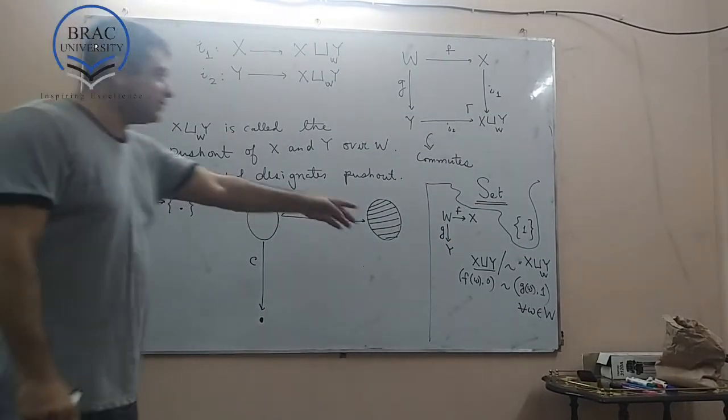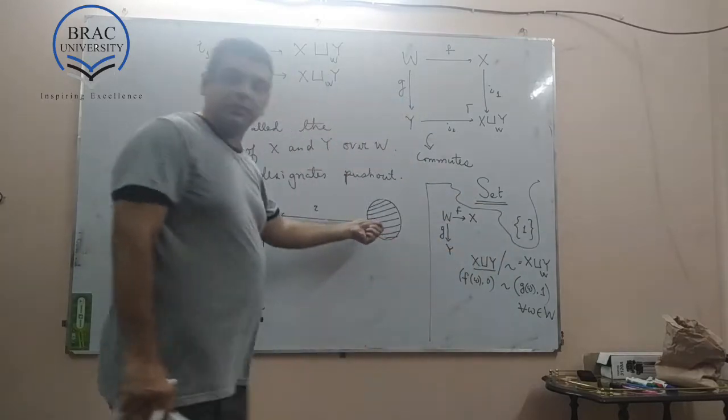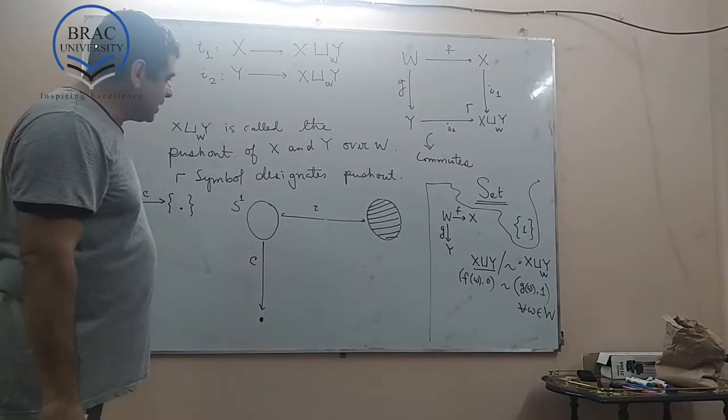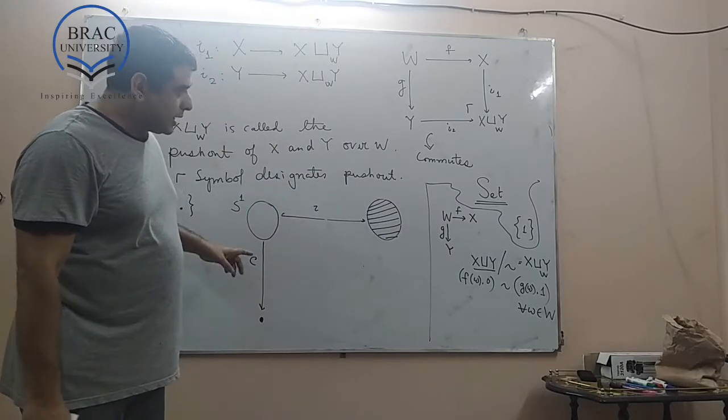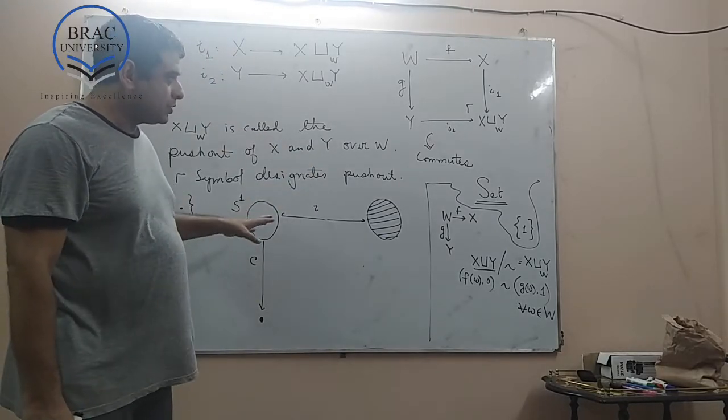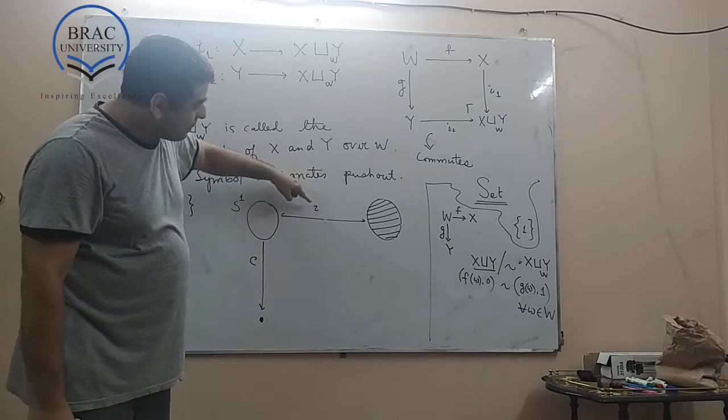Okay, so what is this thing for this example? You see that under this map, this is the map f.